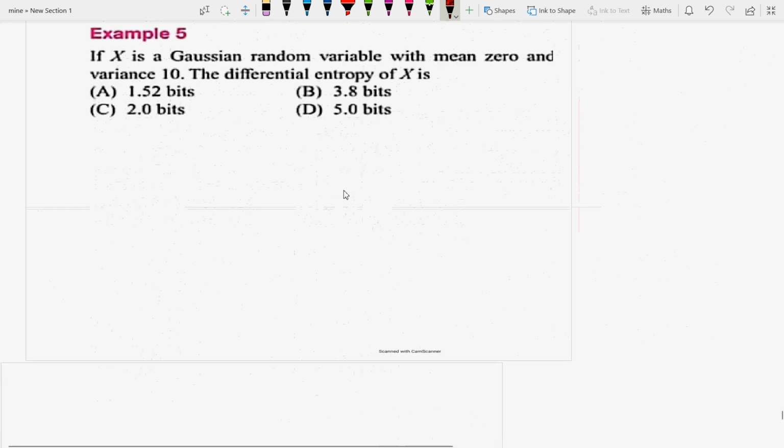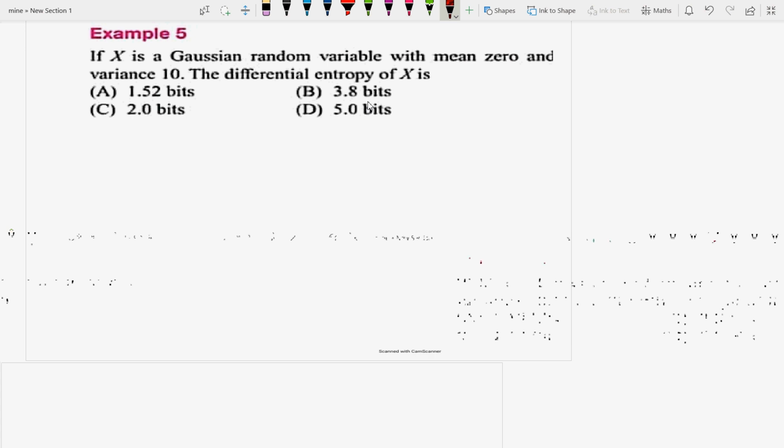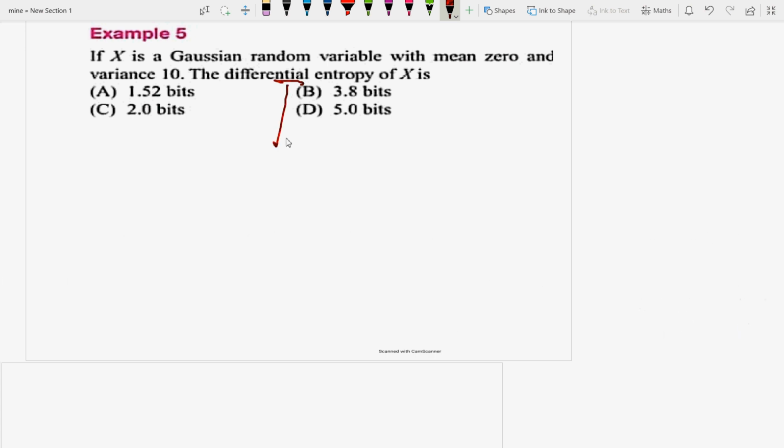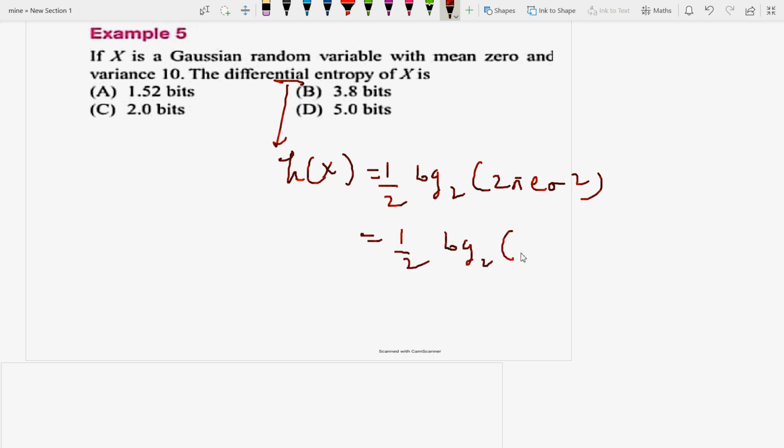Next question: if X is a Gaussian random variable with mean 0 and variance 10, then the differential entropy of X is, you should know the formula: differential entropy H of X is equal to half log base 2 of 2 pi e sigma square. So this is half log base 2 into 3.14, and e is what?